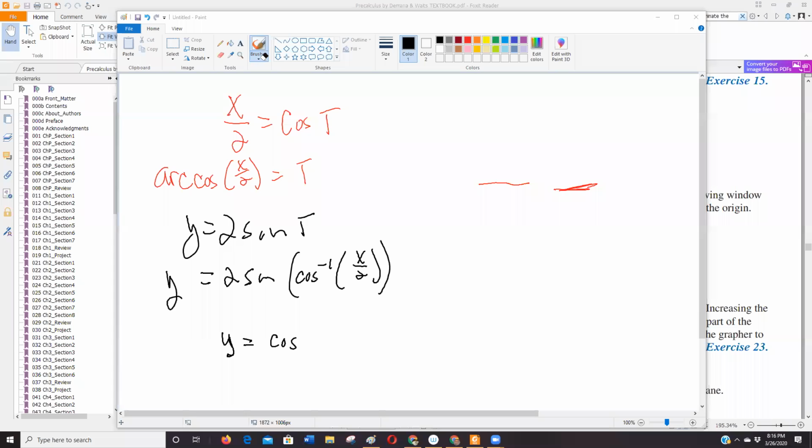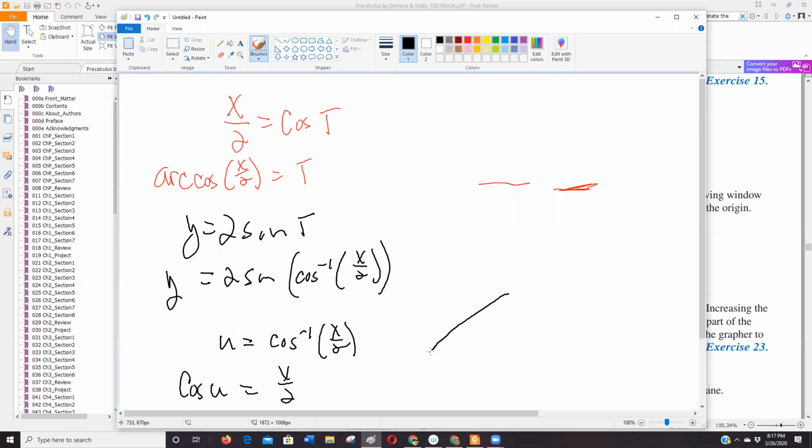Now if I take the cosine of both sides, that's the same as cosine u equals x over 2. And we've seen that before.